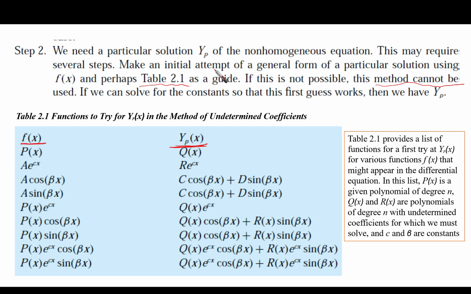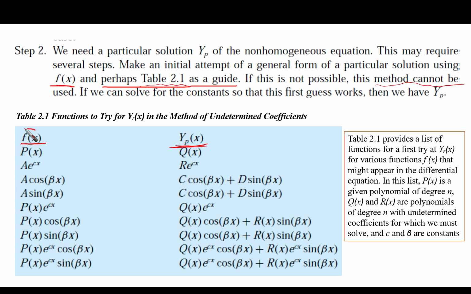Make an initial attempt at a general form of a particular solution using f of x. As I said, whenever f of x is a polynomial, then you can use a polynomial for the particular solution. If it's exponential, use a constant times exponential. If it's sinusoidal, use a cosine something plus b sine something. We put a table here that is considered to be a guide for you.